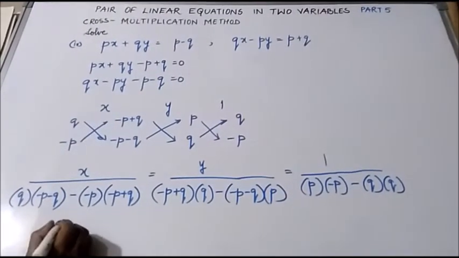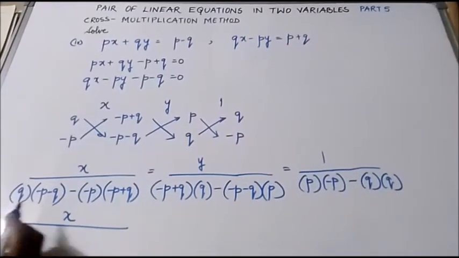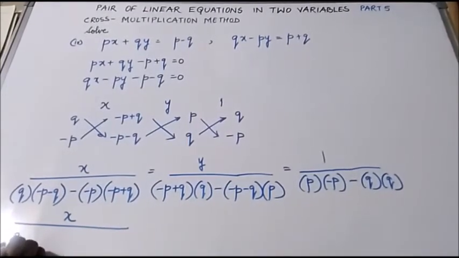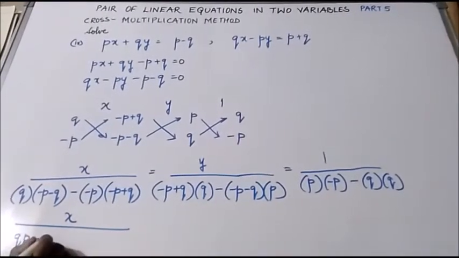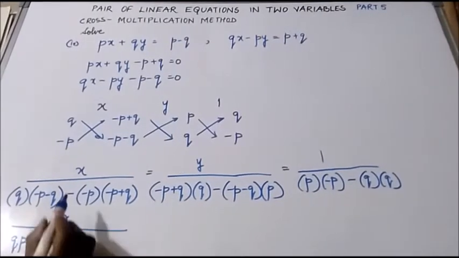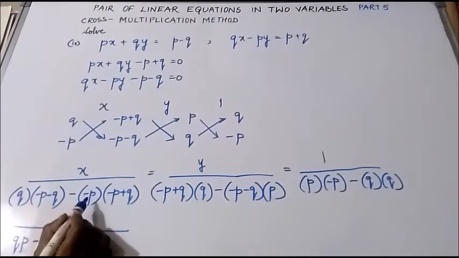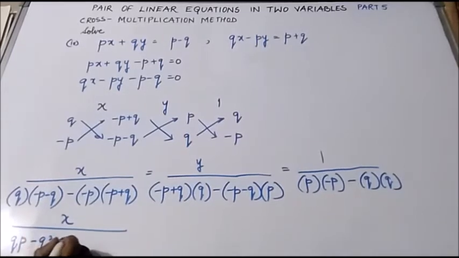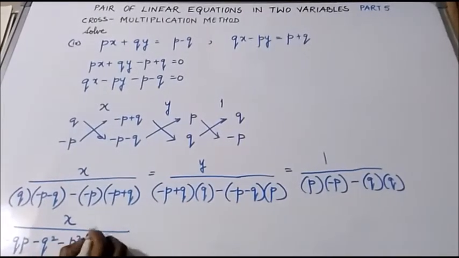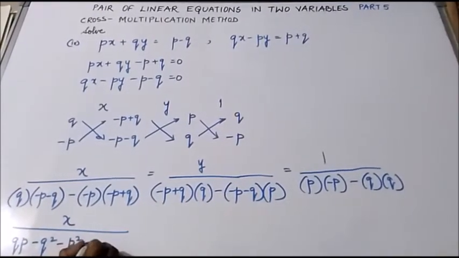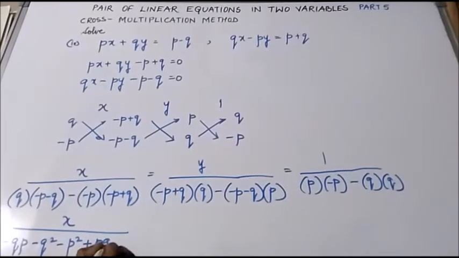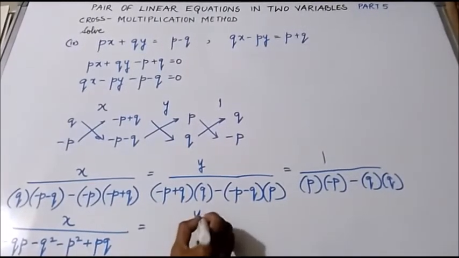Okay, now let's open the bracket. You get here x upon, this will come minus qp minus q square. Here minus minus will become plus, so it will be plus p into minus p, that is minus p square, and it will give us plus pq is equal to y.